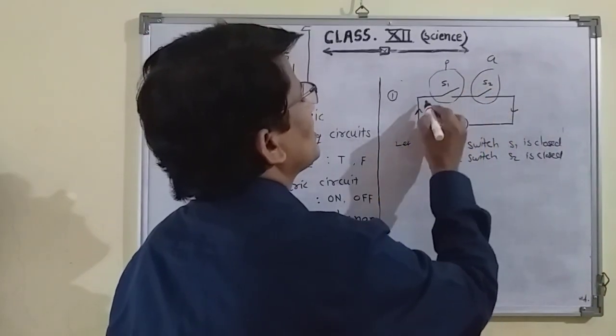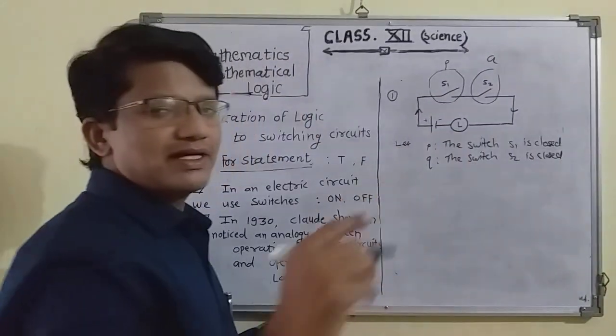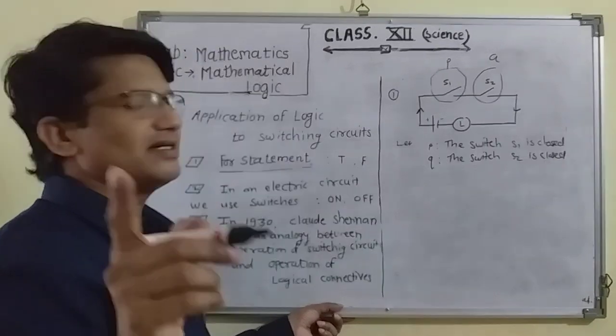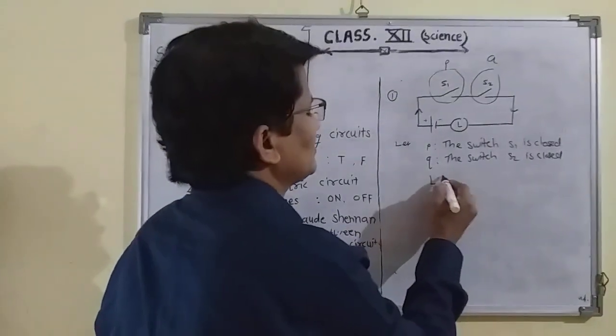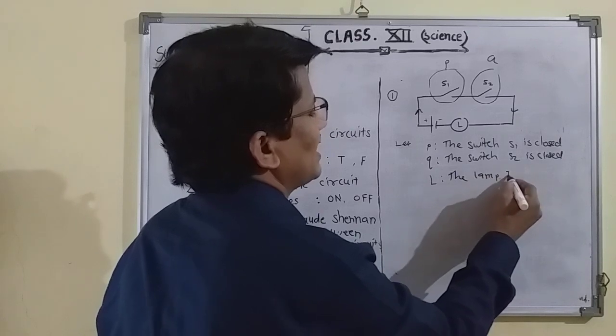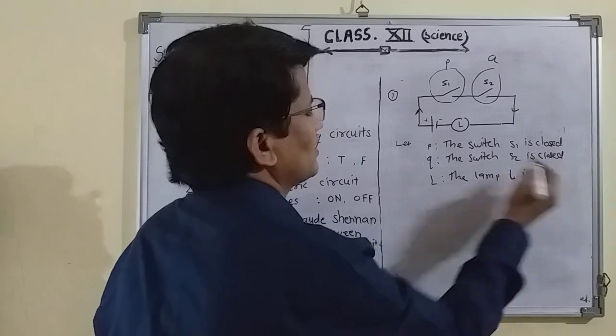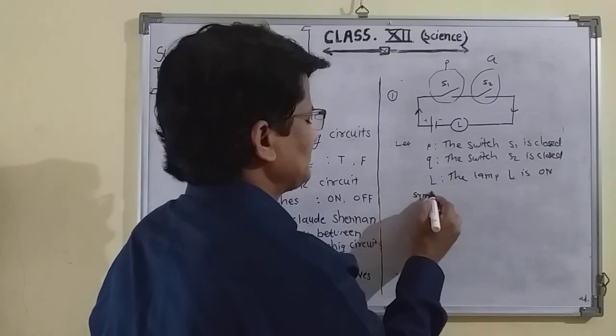Then what? The current will pass through S1 as well as S2, and this lamp will be on, or we can say glow. And here L, the lamp, is on.